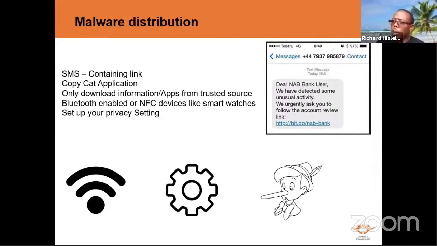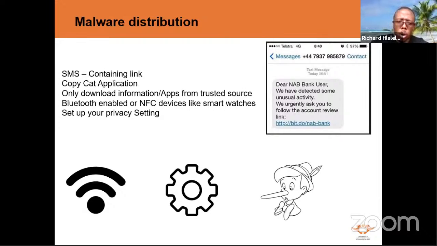So you just need to make sure that you have that option set to only download from trusted sources. And then lately we have these smartwatches and near field devices that we enable on our phones. But if you have that smartwatch, your Bluetooth will always be on.